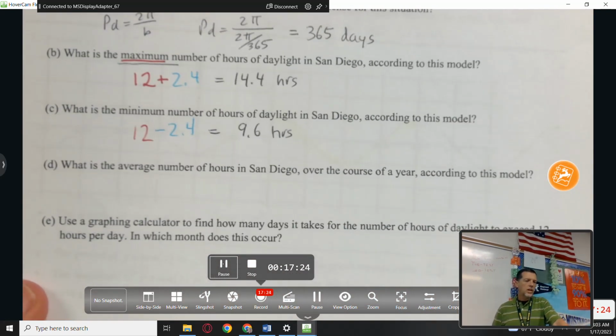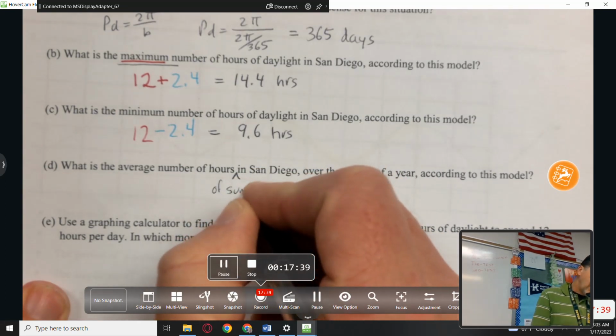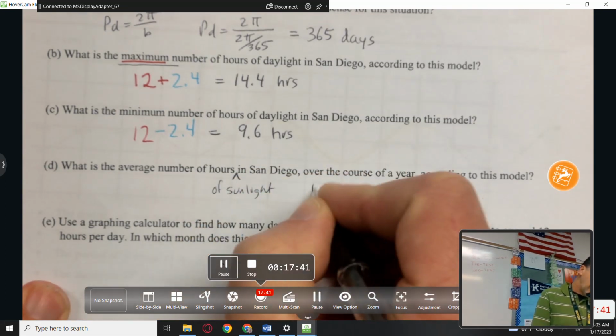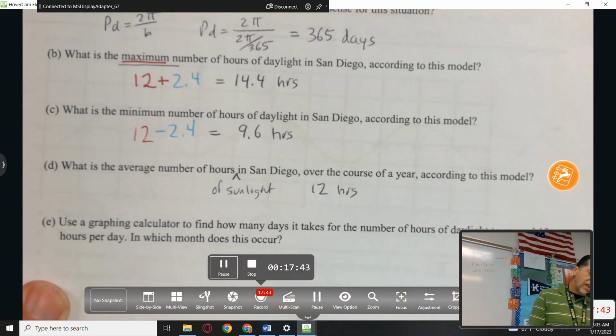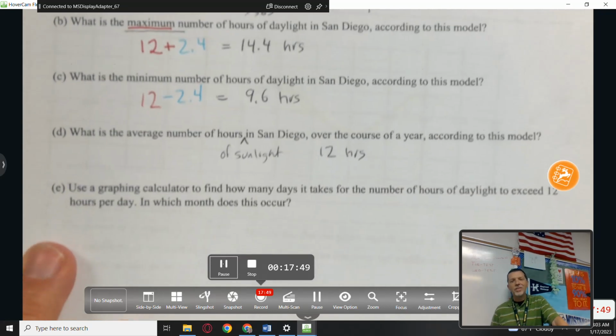What is the average number of hours in San Diego over the course of a year? 12, although that question is not asked. The average number of hours, doesn't that need to say of sunlight? The average number of hours per day would be 24, but I don't think that's what they're asking.